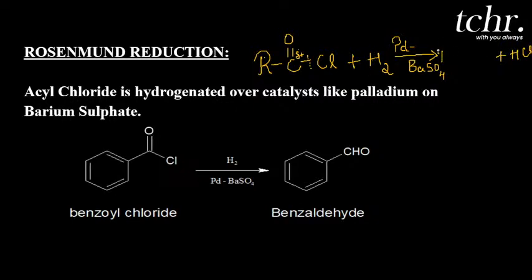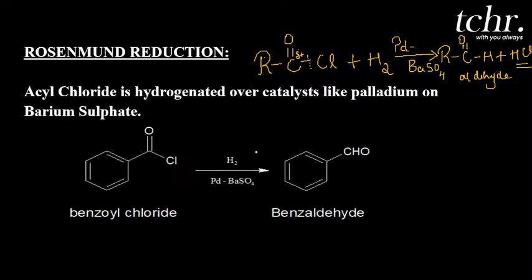Very simple: you replace chlorine with one hydrogen. So what you will get is R C double bond OH, which is nothing but aldehyde, right? The simple way of understanding this concept is, since you have taken hydrogen H2, one chlorine will go out with one hydrogen as a byproduct HCl. Replace this chlorine atom with one hydrogen atom.